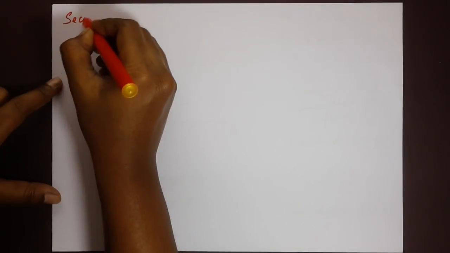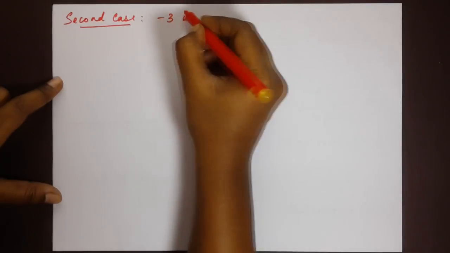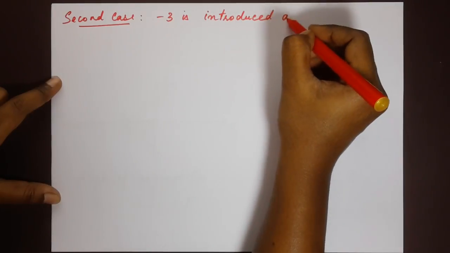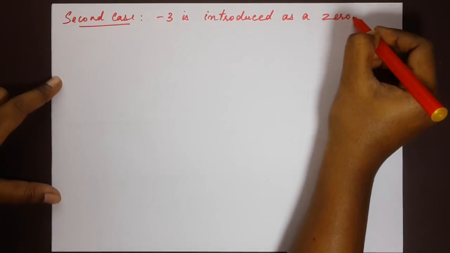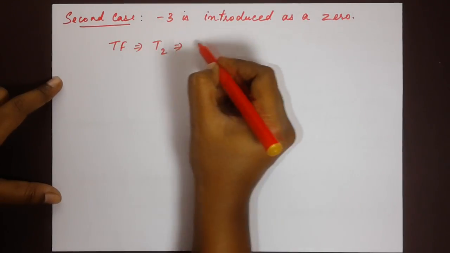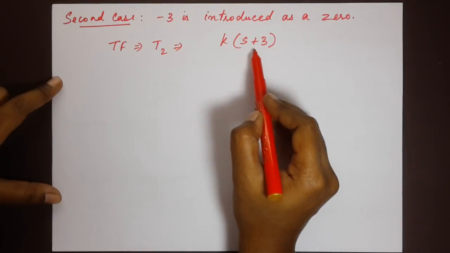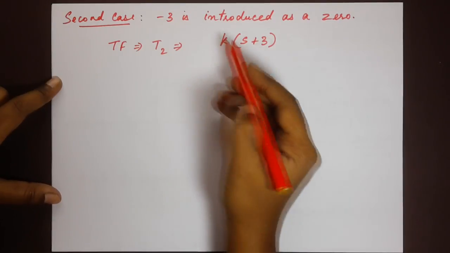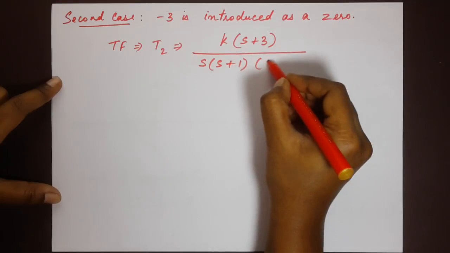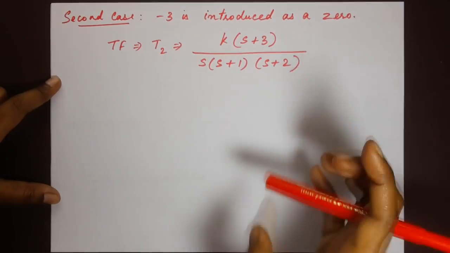This is the second case. -3 is introduced as a 0, which means now the transfer function is t2, and we'll write it as k into s plus 3, because it's a 0, it lies in the numerator, divided by s into s plus 1 into s plus 2. The poles remain the same, right?